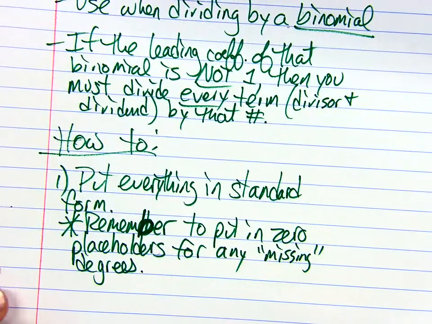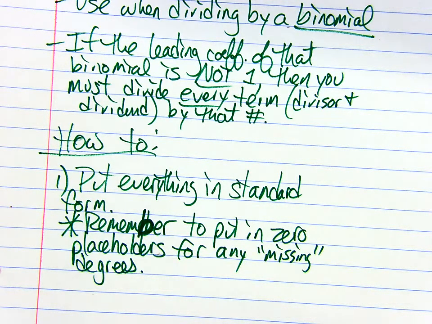So same thing that was going on with long division. If I'm starting with x to the third and I don't have an x squared, I have to put in a 0 placeholder for it. Otherwise, none of my numbers are going to make sense and it's going to be totally wrong. So just make sure everything's in standard form.